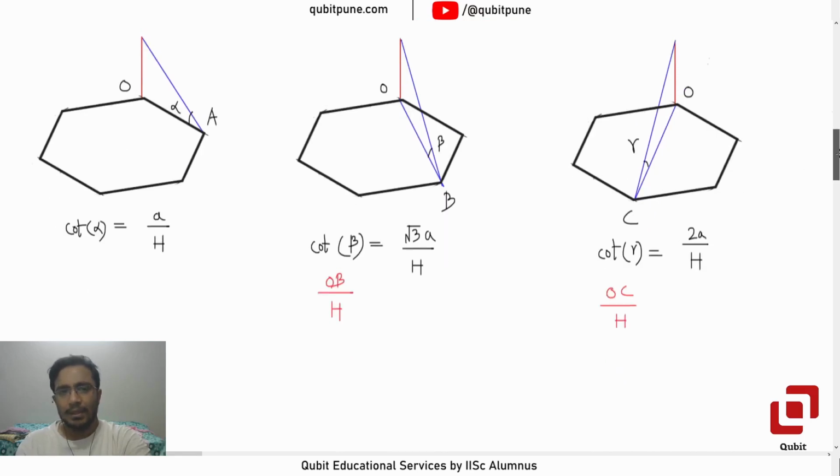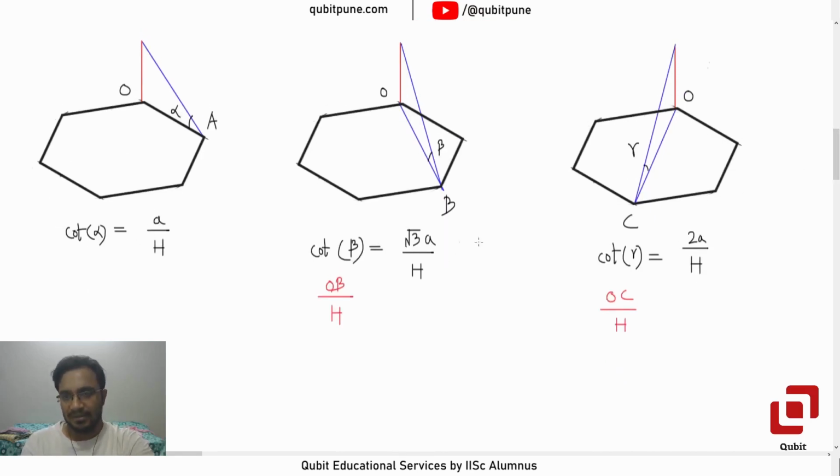Now look, A by H is there in all three, and if you notice, then you'll realize that 1 squared plus root 3 squared is 2 squared, right?